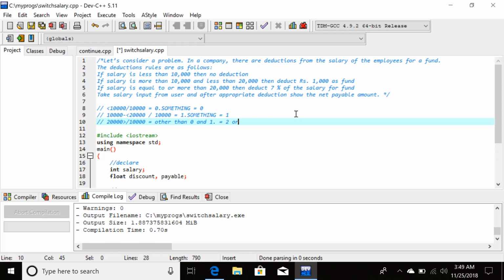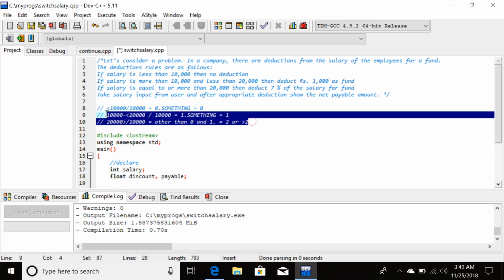Or if it is more than 20,000, the result will be greater than 2, which means the result is not 0 or 1, it is 2 or greater than 2. It could be 2, 3, 4, 5, whatever, depending on how much larger it is than 20,000. So these three are the cases with us.